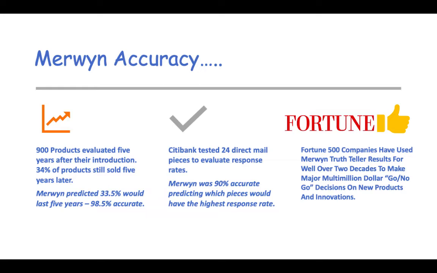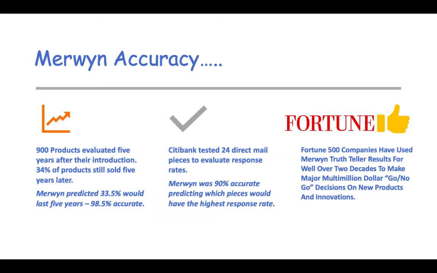Well, back in year one, when the products were introduced, Merwyns were run on all 900 products. And Merwyn predicted that 5 years later, 33.5% of those 900 products were still being sold, when indeed 34% were. Put another way, an accuracy of 98.5%.